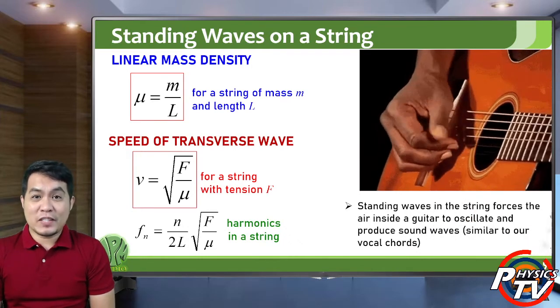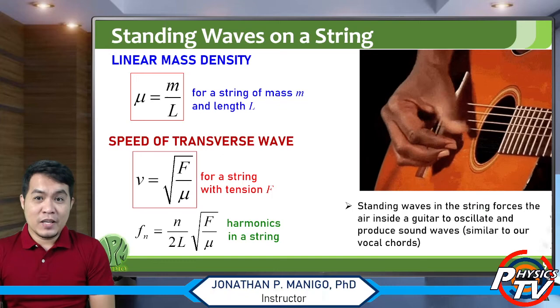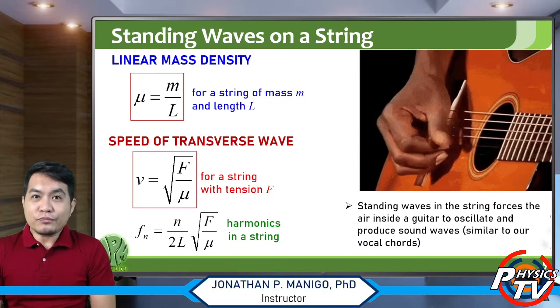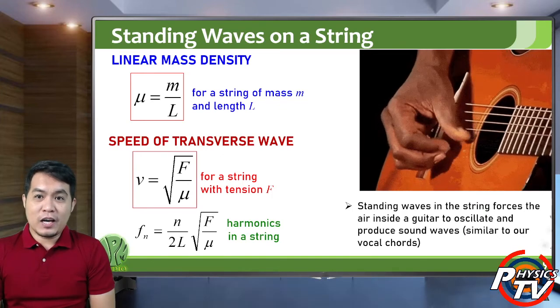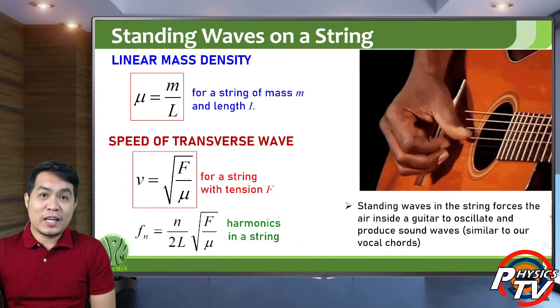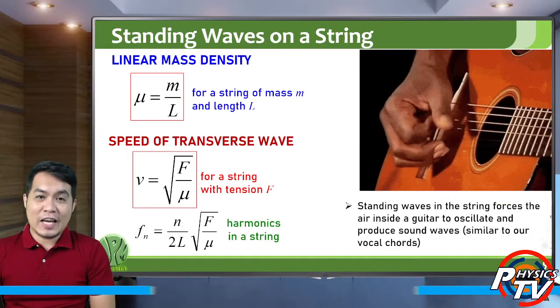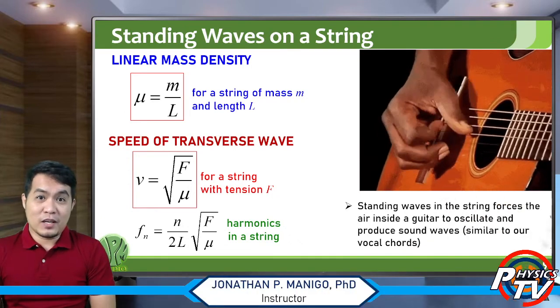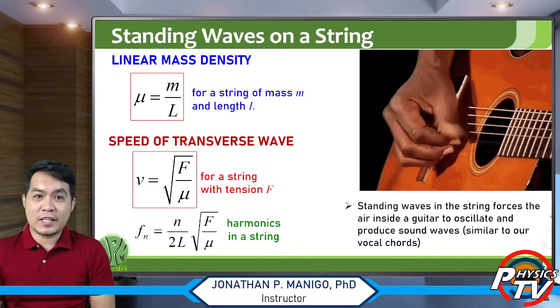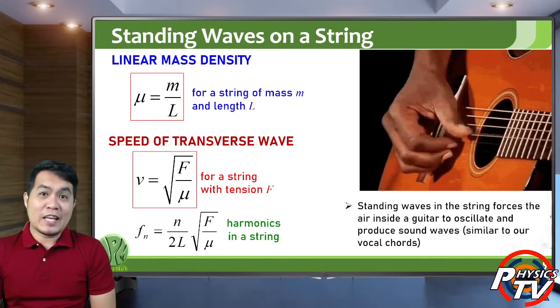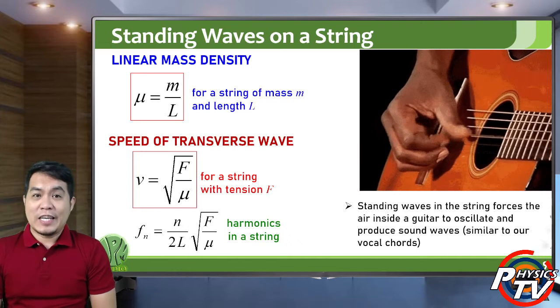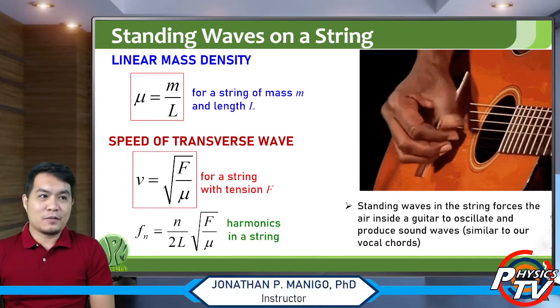The standing waves in the string are transverse waves, but the sound waves produced by the guitar are actually longitudinal waves. It's another type of wave. We will discuss standing sound waves and sound resonance in the next lessons.